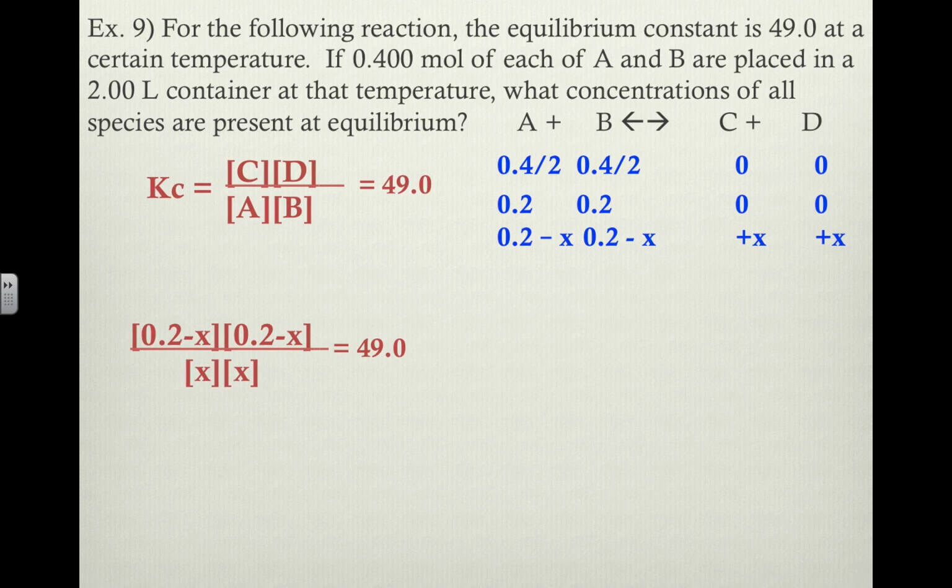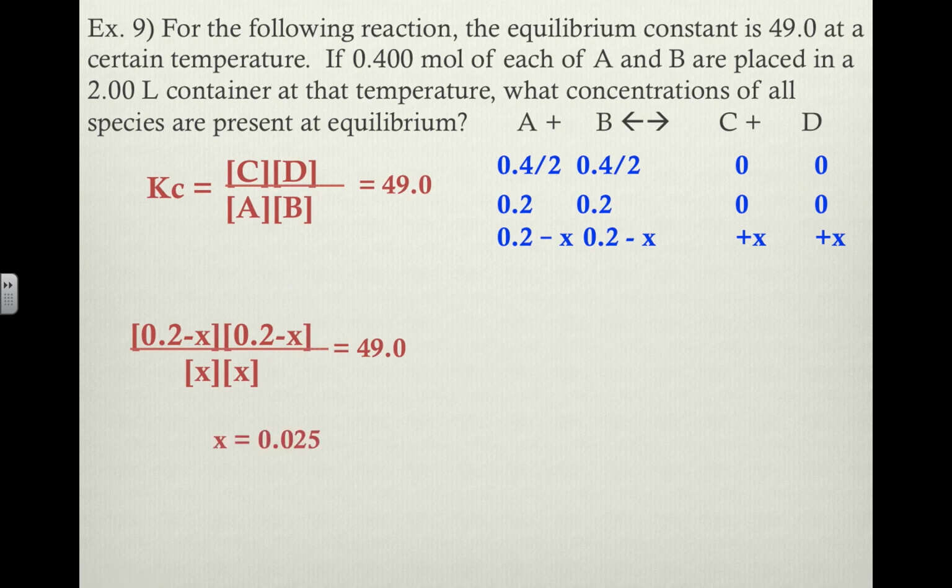All right, so hopefully you solved it, and you probably got 2 values for x, because it's a quadratic. Well, one of those is negative. We can't lose a negative amount. Also, we would want to make sure that x is less than 0.2 if you had 2 positive values, because we couldn't then have a negative amount of our reactant.